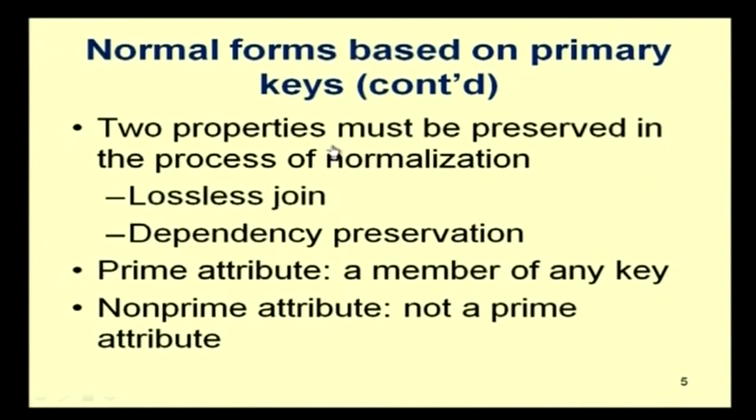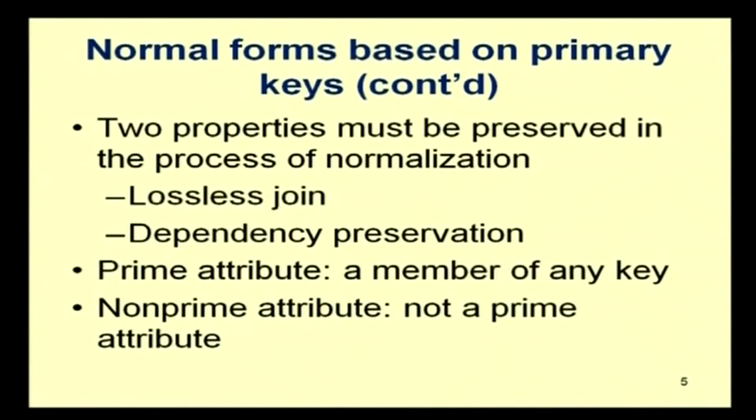Normal forms are basically based on primary keys, and when we are doing the normalization process, two properties must be preserved. One is lossless join and one is dependency preservation. That is, when you are joining two tables, you should not lose data. That is what is called lossless join. We will go a little more in detail about this later. And then one is dependency.